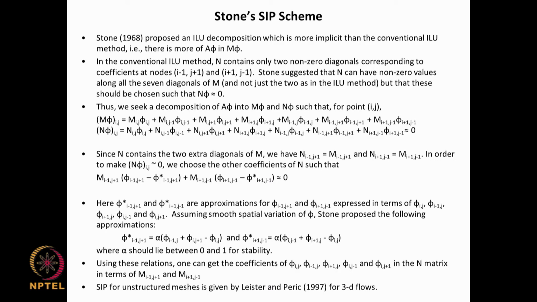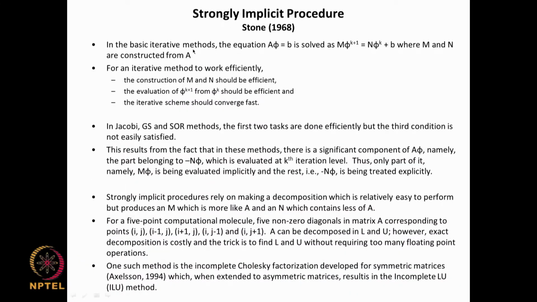And this is one such idea, which is a variant of the incomplete LU decomposition method, which itself is a clever variation of the basic iterative method, wherein you are trying to do the decomposition quickly and fast and get a more implicit solution.